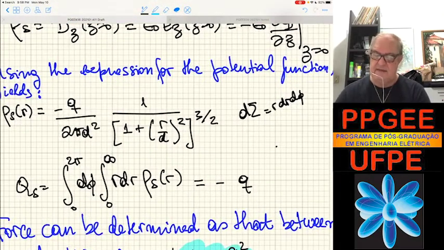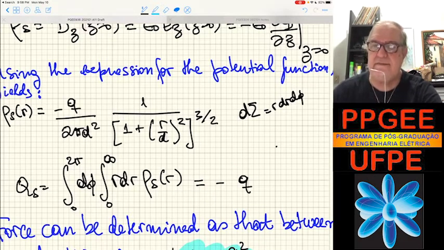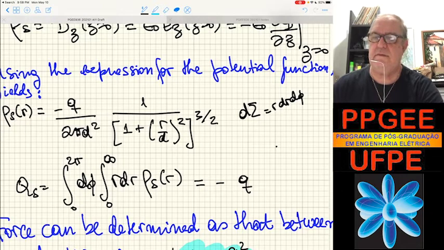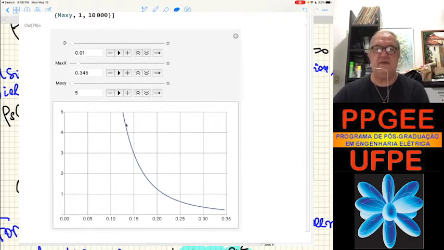You're going to have that value. Let's take a look here quickly. Here we have an idea of what happens with the charge density on the surface.